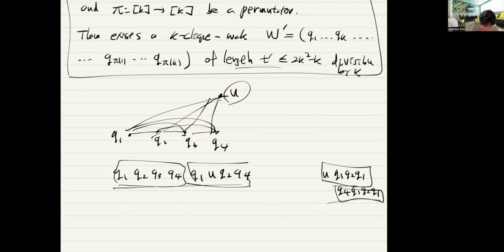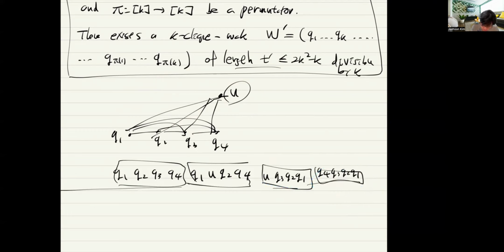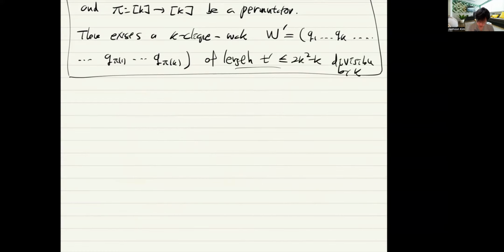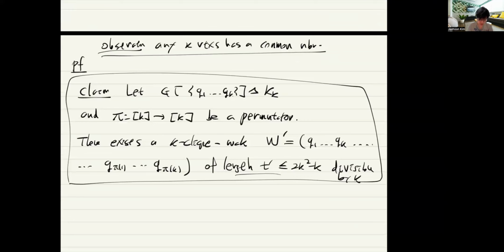You can directly write this afterwards and then this afterwards. And then the number of transpositions you have to take is at most n choose 2, and K choose 2, then you can get this bound. So I will not write down the rigorous proof of this, but you already see that this is true.